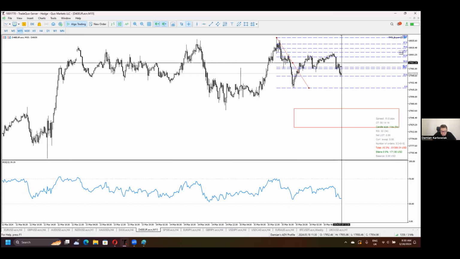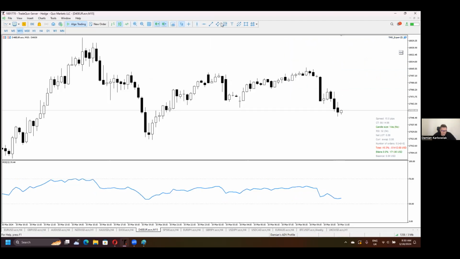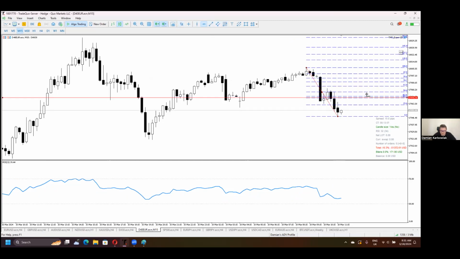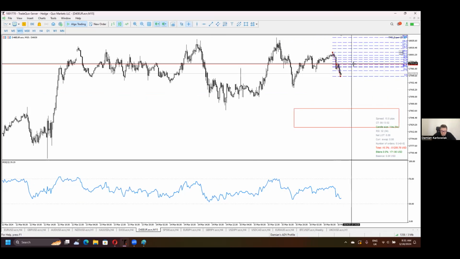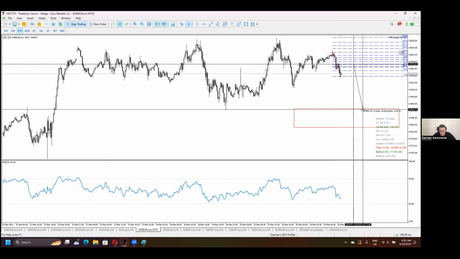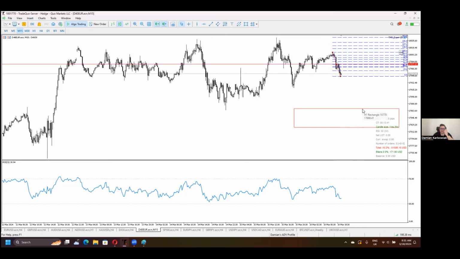Maybe B if we treat this correction in the middle of this last movement as a three waves B. Then if you would like to enter the market and look for sell with the expectation of the next 1-to-1, then it will be good to wait at least for the 50% and above, wait for the candle formation and secure yourself above the top. It's just 30 pips, 31, yeah. And you can expect, let's say, over 100. So maybe it will be worth it to enter the market.